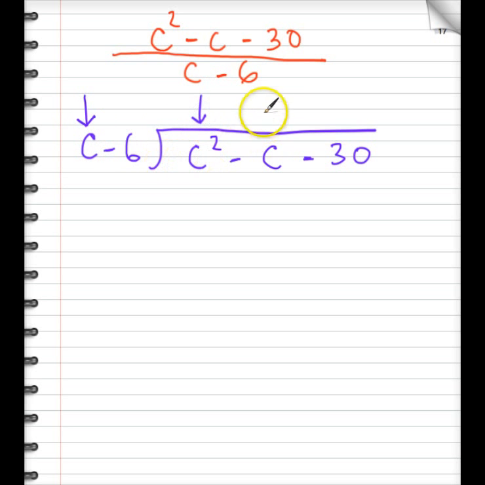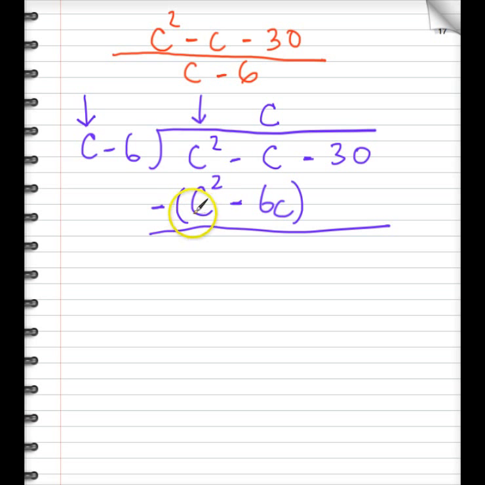Well, that's c times c, so that c lines up in the single power column. Now you multiply back, just like you would for long division, which this is. C times c is c squared, and c times minus 6 is negative 6c. Okay, draw your line, subtract.